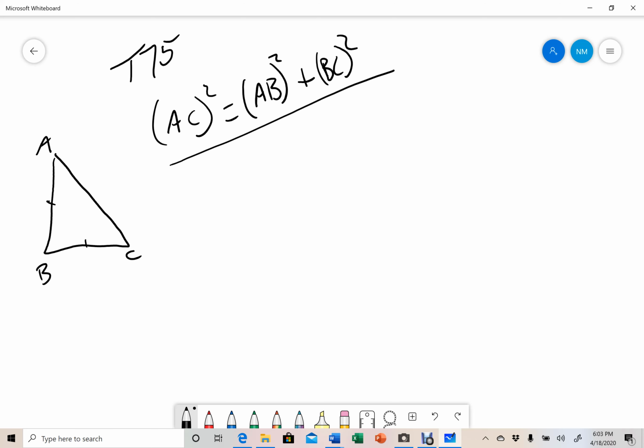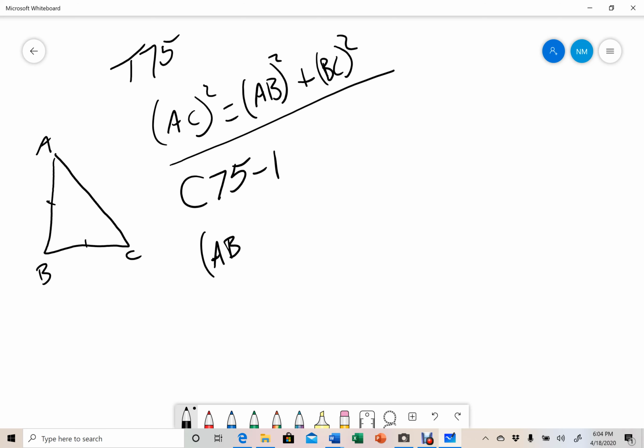Now, let's take a look real quickly at corollary 75-1. Corollary 75-1 says the square on one leg of a right triangle is equal to the square on the hypotenuse diminished by the square on the other leg. So what is this saying? Well, if I take the same triangle and I pick one leg, let's pick leg AB.